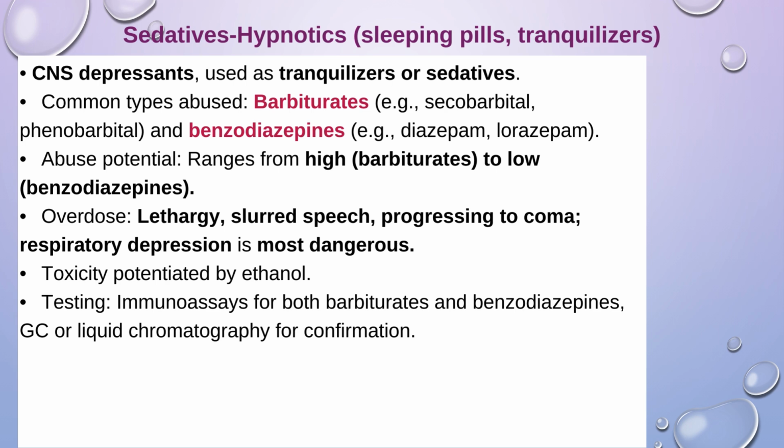Abuse potential: the barbiturates are highly abused, while benzodiazepines are abused but at low levels. This is the bad thing with this one, it can really lead to respiratory depression. Some teens in the US are brought to the ER and they're no longer breathing. It's because of the abuse of sedative hypnotics.